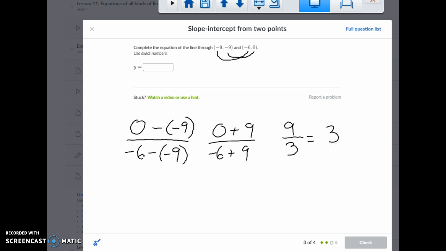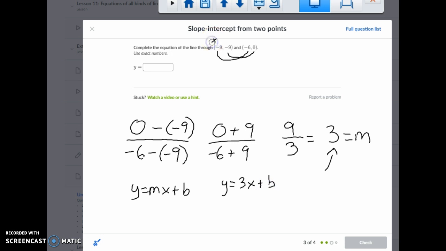So now we have our y equals mx plus b. And now we have this here, which we just found, which is our slope, which is our m. So we're going to plug that in. So we have y equals 3x plus b, and we have 2 inputs.